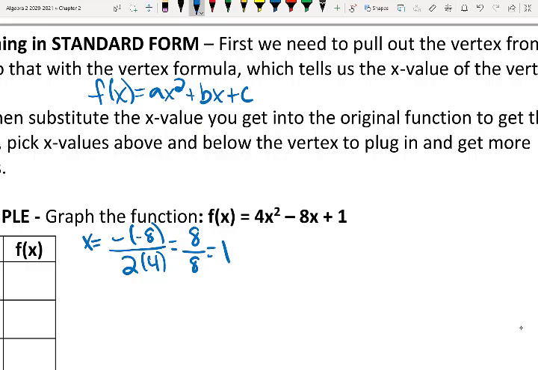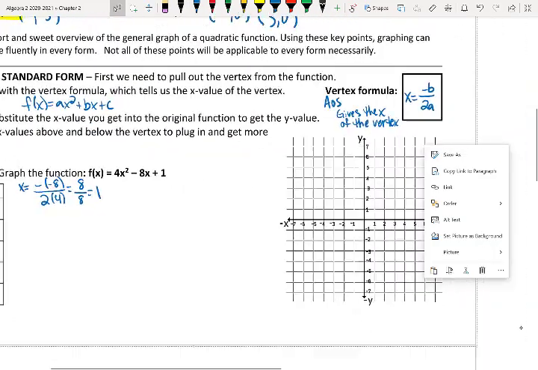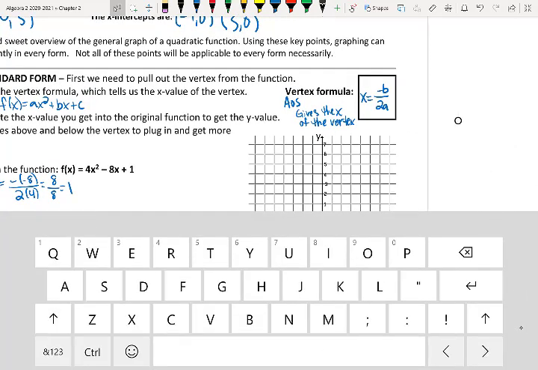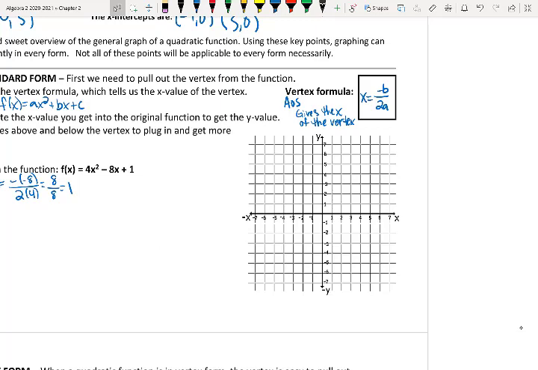So my AOS happens at positive 1. And since we're graphing this, when I figure that out, I usually will just throw it on there. So I know that my AOS for this graph happens at positive 1. So I just go ahead and put my dotted line right there at positive 1. I know that's the middle of my graph.